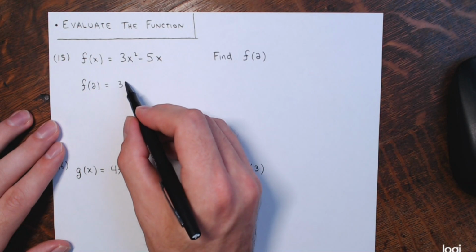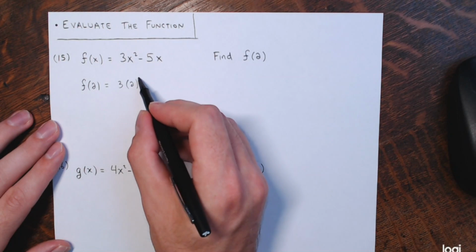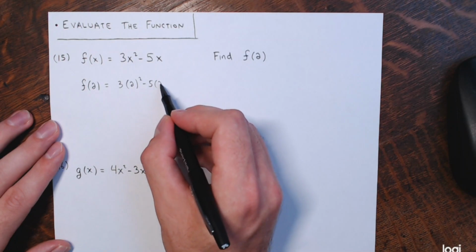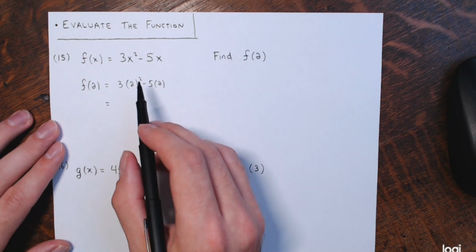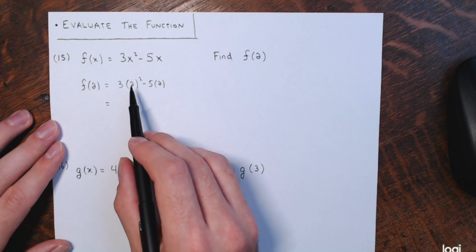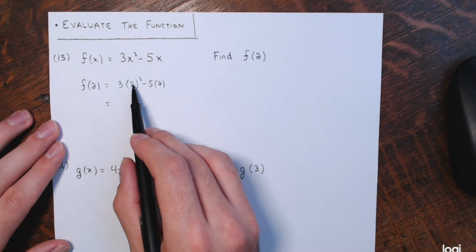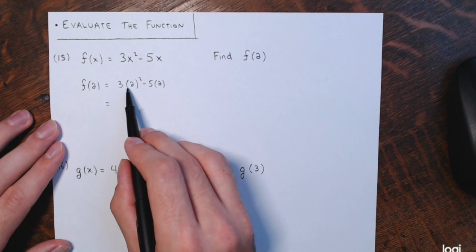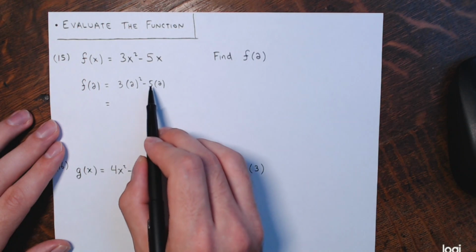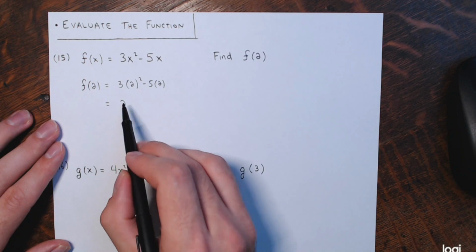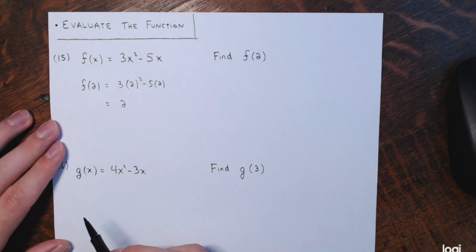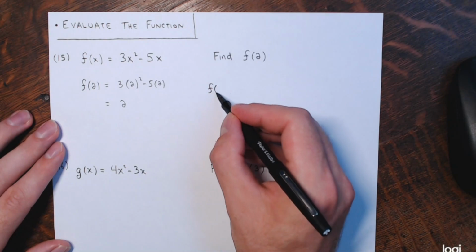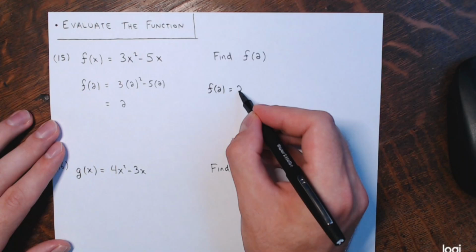So just replace x with 2 everywhere. 3 times 2 squared minus 5 times 2. Remember order of operations. You do the power first. 2 squared is 4. Then you do multiplication. 3 times 4 is 12. 5 times 2 is 10. 12 minus 10 is 2. So f at 2 is 2.